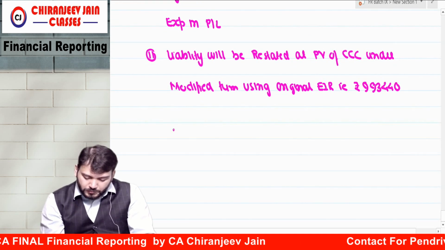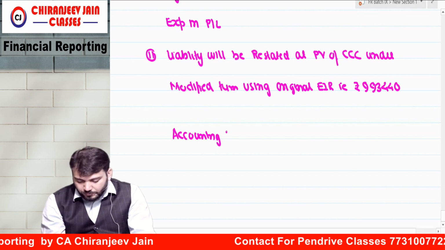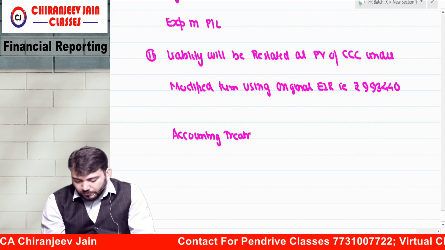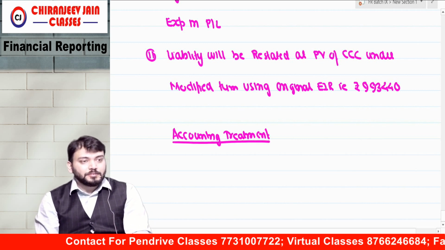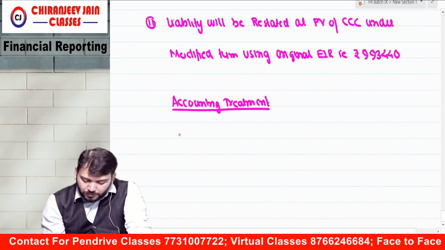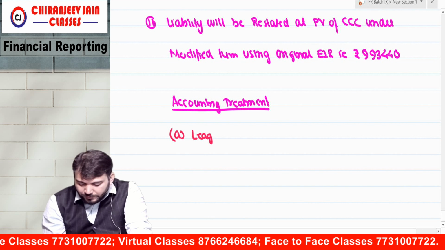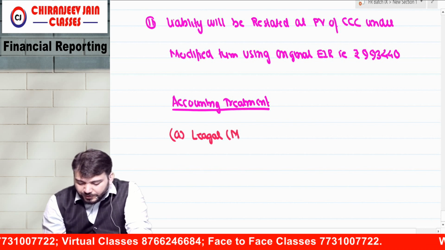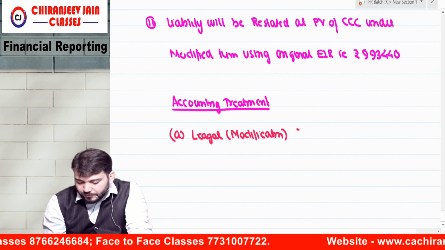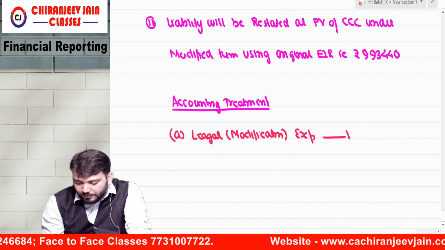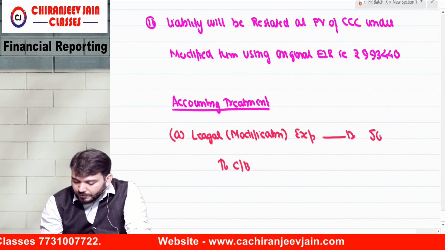So what will be the accounting treatment? First, the legal or modification expenses. Modification expense account debit to cash or bank. How much? 50,000.